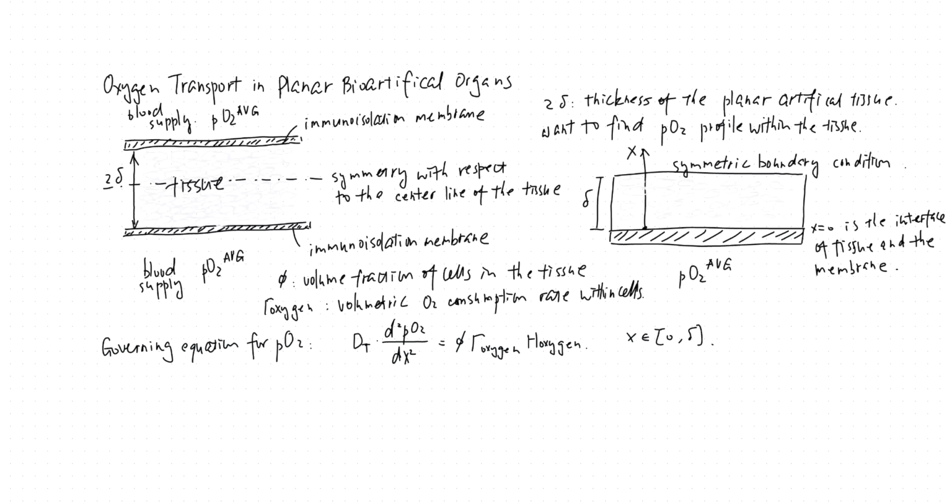So boundary condition 1, at x equal to 0, the interface. We do not know the concentration, but we are going to use a placeholder for now, and it will be determined later.